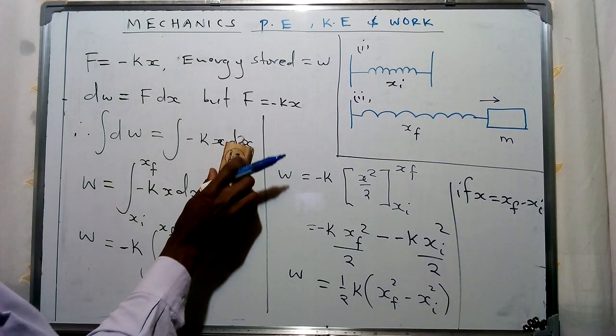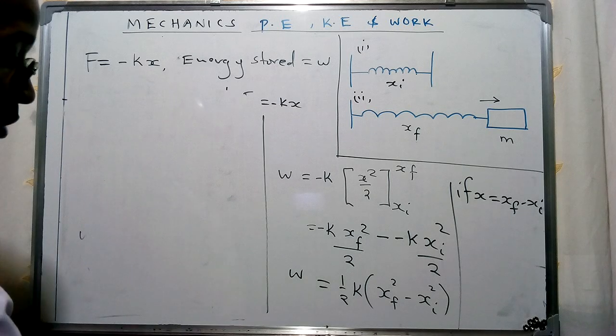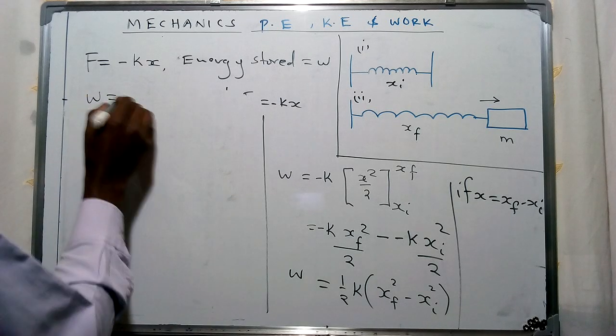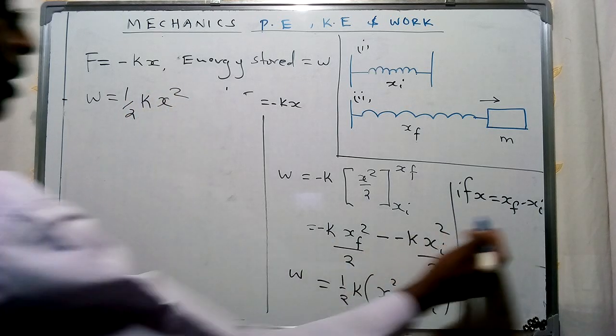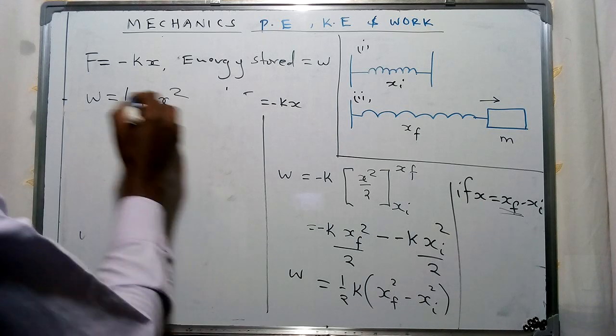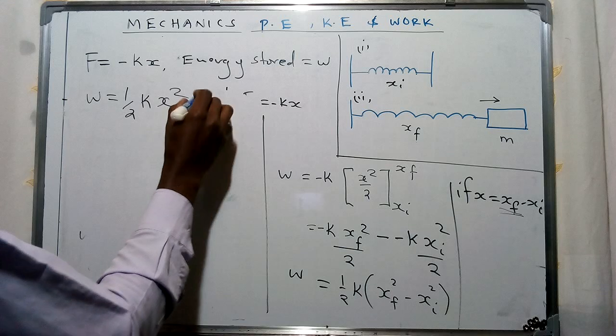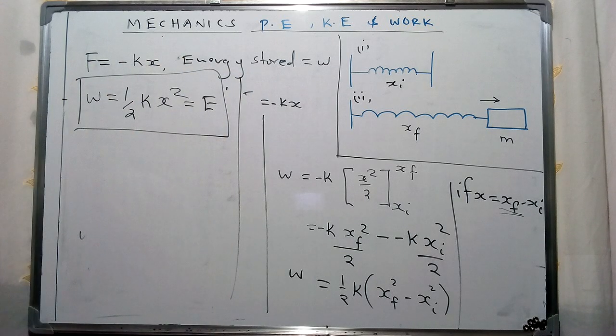So perhaps I can do away with this, whereby we have W represented as a half k x squared, where we consider x as the displacement from x initial to x final. So this is equivalent to the work done, or the energy involved in trying to stretch this spring from the initial position to the final one.